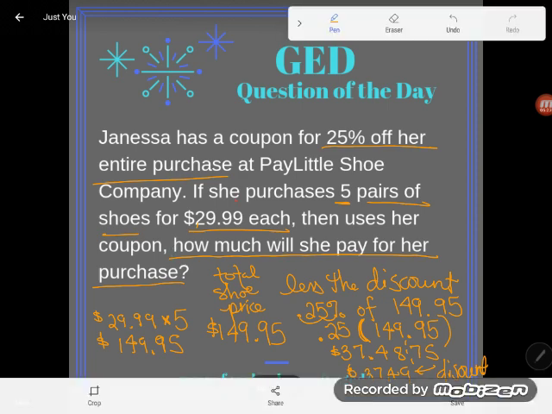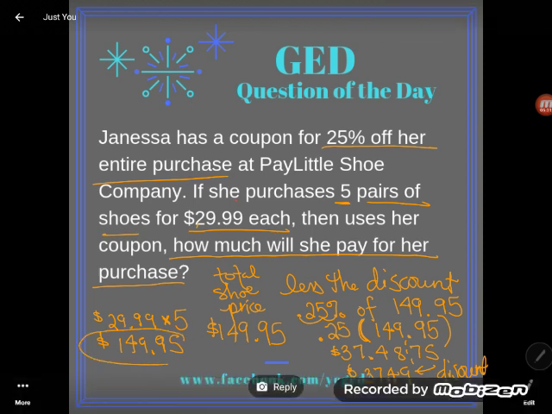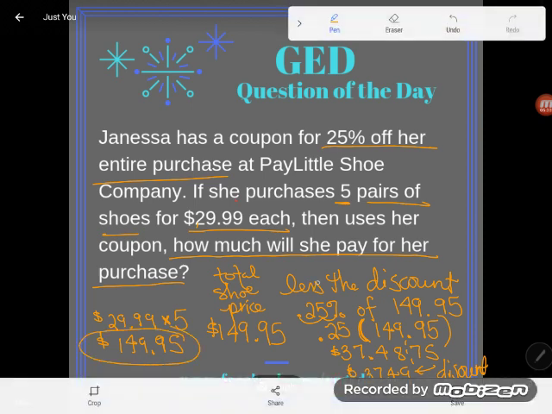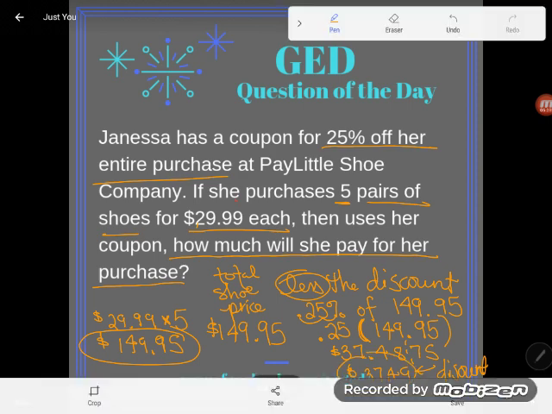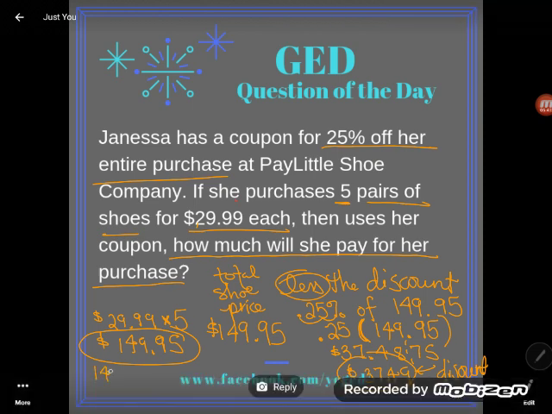They asked me how much will she pay for her purchase. So we said we were going to take the total shoe price, $149.95, and less the discount, take off the discount. We still need to subtract off the discount. Now you might say, Kate, how am I supposed to know that? You're supposed to have that common sense to know what happens with discounts. Discounts are subtracted off of your total order.